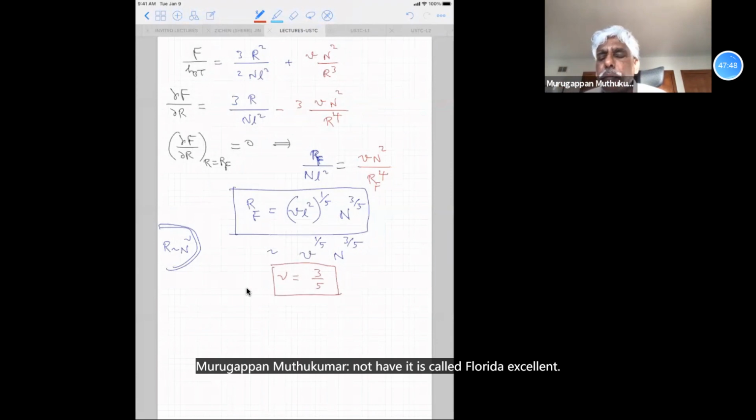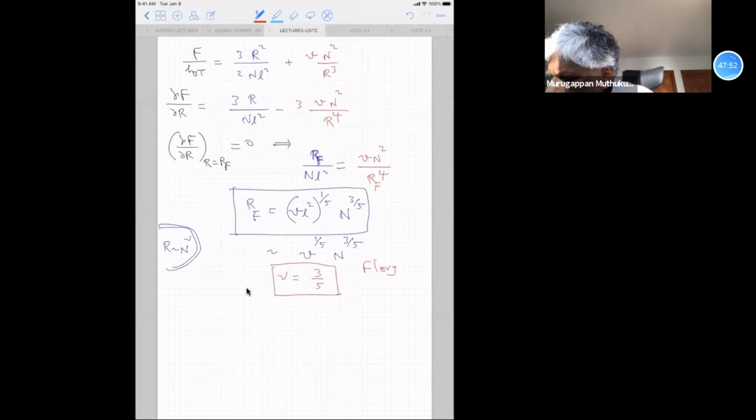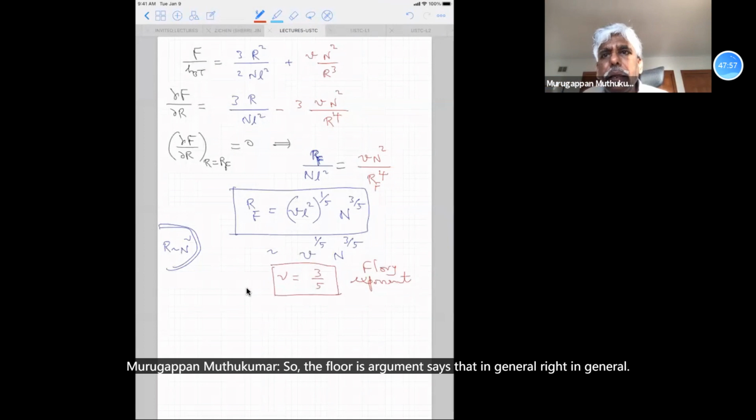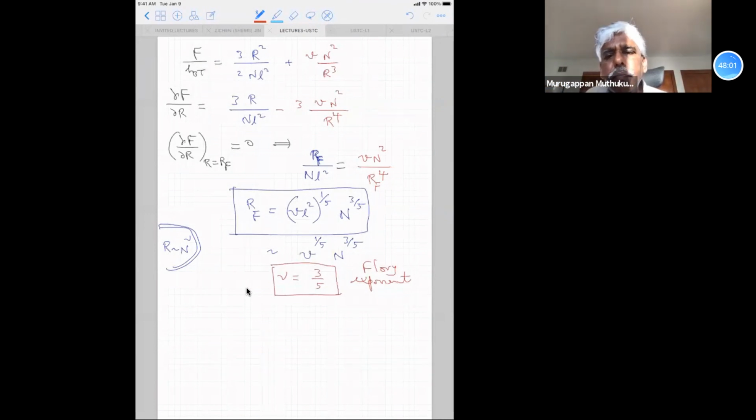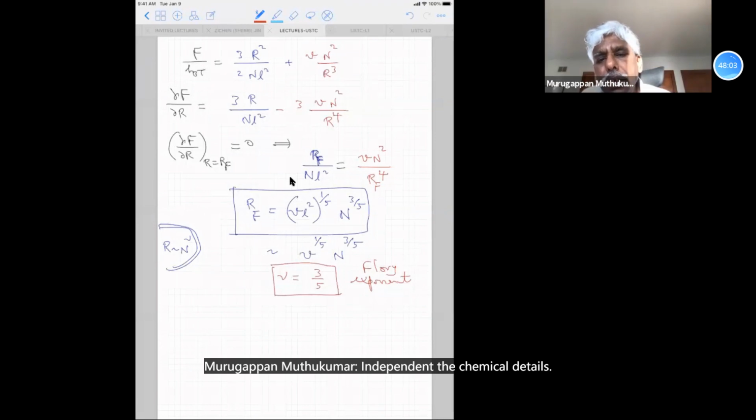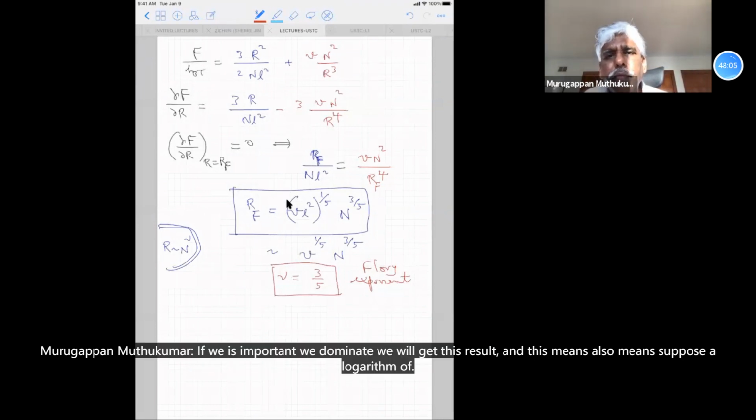Not half. This is called the Flory exponent. So Flory's argument says that, in general, independent of the chemical details, if V is important, V dominates, we will get this result.